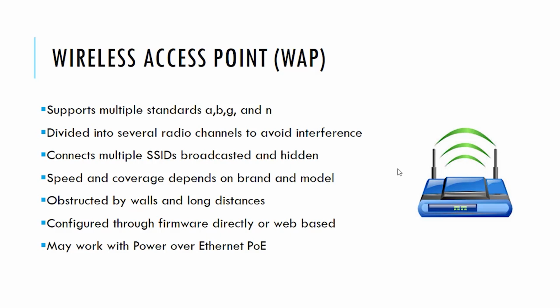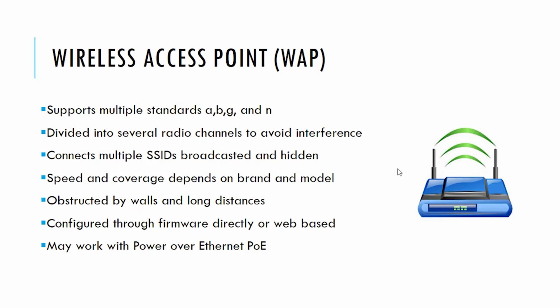It can be configured through its firmware directly, through Telnet for example, or any other communication that can directly set the configuration and save it over the firmware, or the configuration can be web-based. The access point can show a web interface that can be used by the user to configure it, to determine the channel, to determine the encryption protocol that will be used by this access point, and other settings.